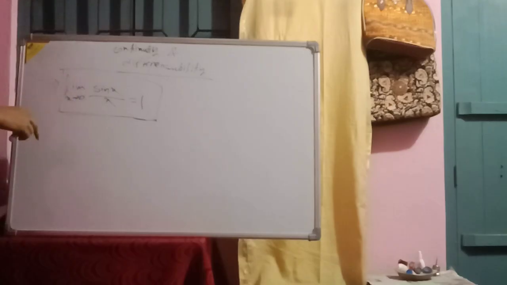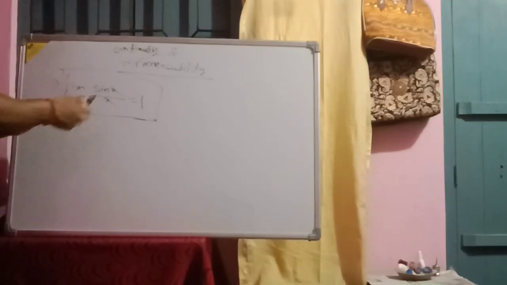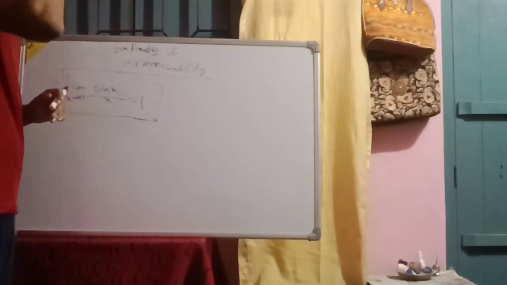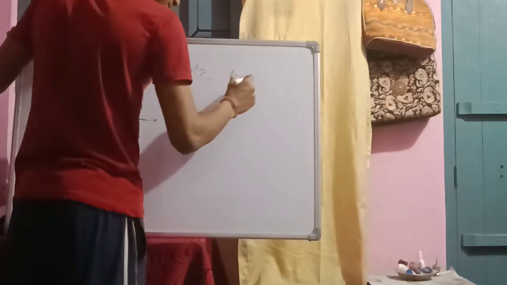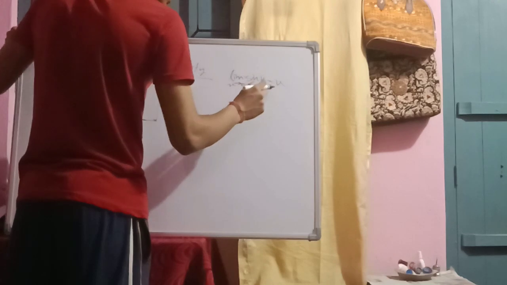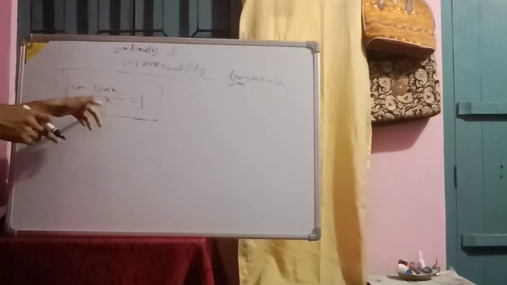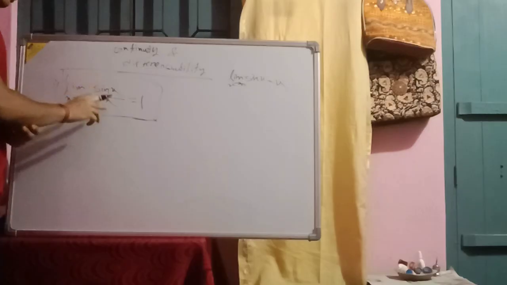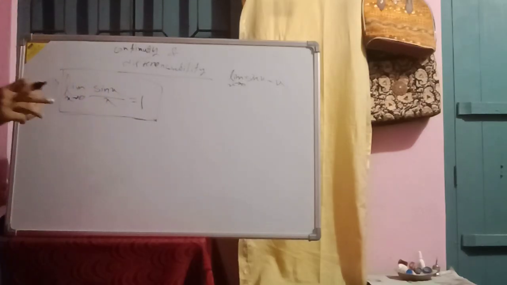If it was absolute 0, then sine of x would have been 0, but since the value of x is very close to 0, the value of sine x would also be very close to 0. We can say that when x tends to 0, sine of x equals x. So sine of x in the numerator becomes x, and in the denominator we have x, so x over x becomes 1. This is how limit of x tends to 0 of sine x over x becomes 1. These are very approximate assumptions.